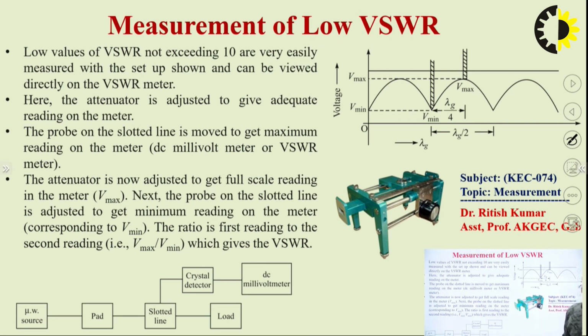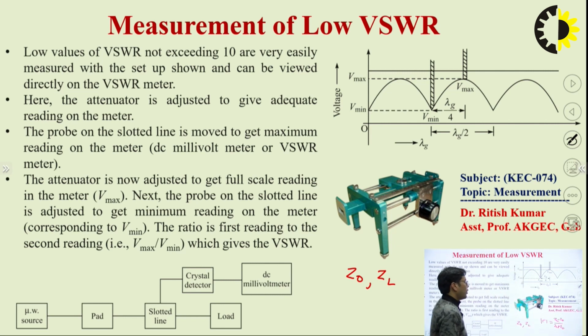By default, the characteristic impedance of the waveguide is represented by Z naught. If the load impedance of the waveguide is ZL, then the reflection coefficient is equal to ZL minus Z naught divided by ZL plus Z naught.